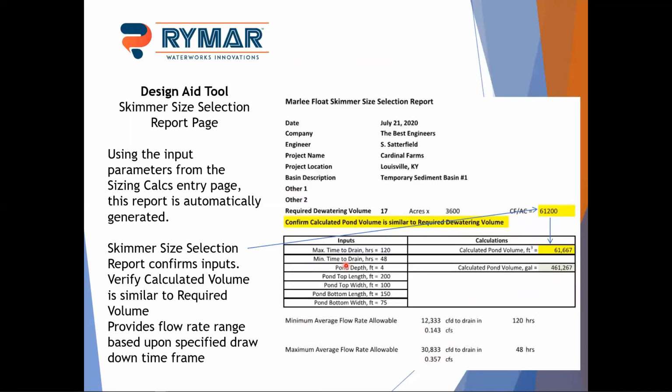The top part of the page gives your information. It spits out what you put in as required volume and how many cubic feet, and then lets you quickly compare the calculated pond volume to required as a check. It'll also give you the minimum flow rate for the maximum time as specified, and the maximum flow rate for the minimum time as specified.